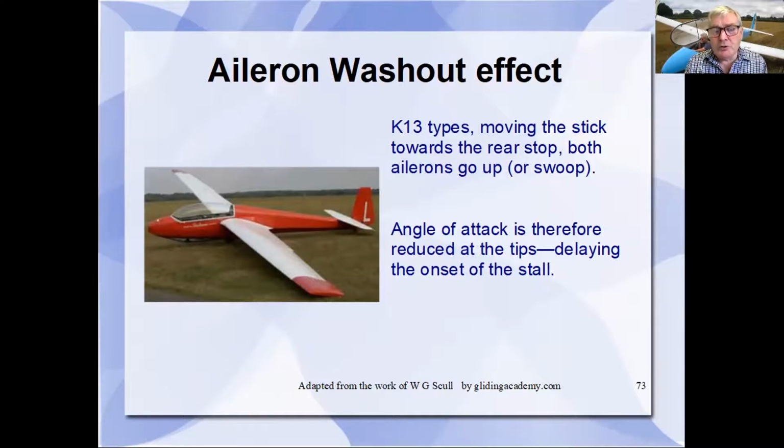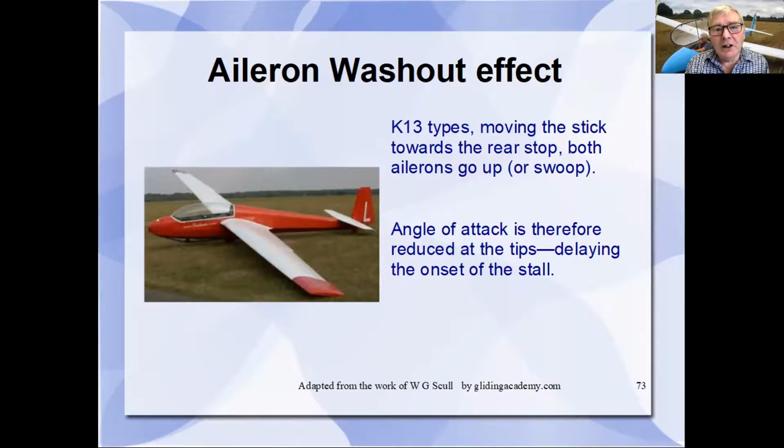So going from the neutral position progressively back with the stick, you'll see that both ailerons go up together, introducing a swoop onto the ailerons, and this swoop has reduced the angle of attack, and that in turn is delaying the onset of the stall.